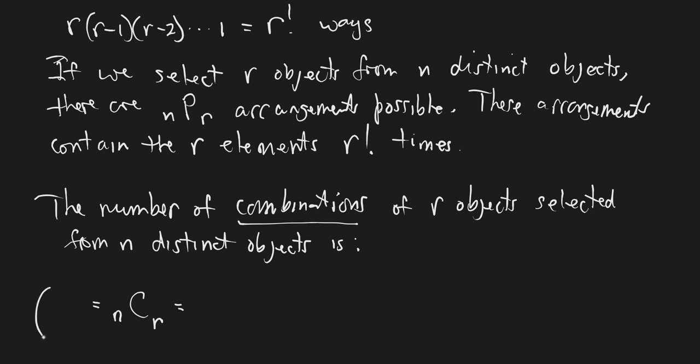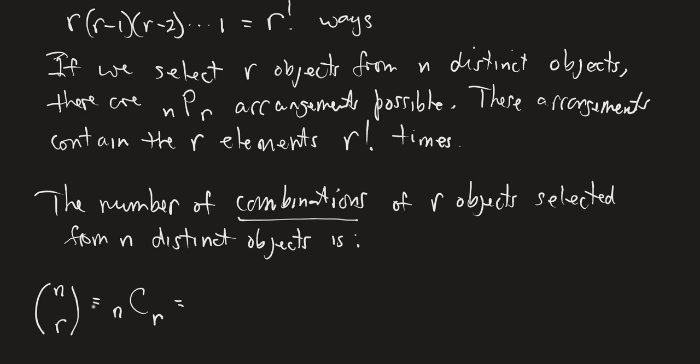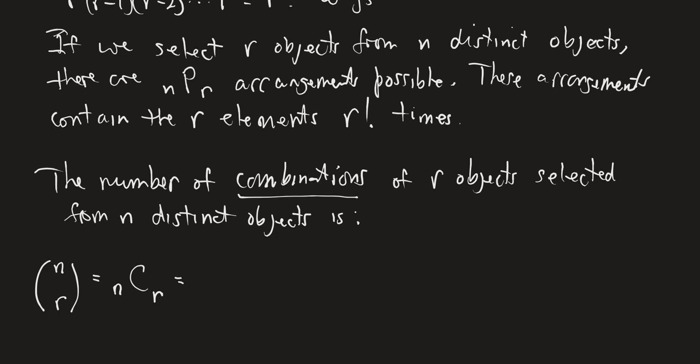It's sometimes written like this, with the N there and the R there. And the way we read this, we would say N choose R, right? So again, the selection is just a choice. So this is read N choose R.